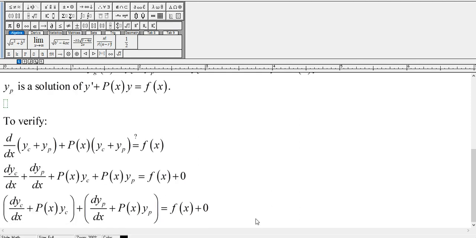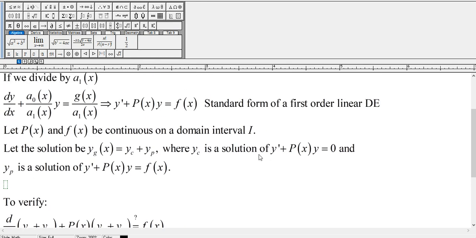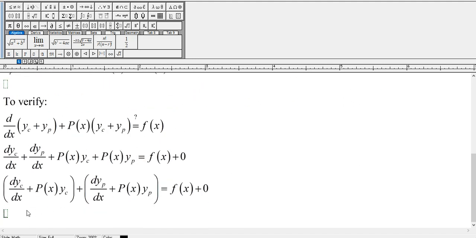And by definition, if you come up here, this is this solution, and this one's this solution. So that means y common, when you plug it in, would equal 0. So this whole thing is 0.